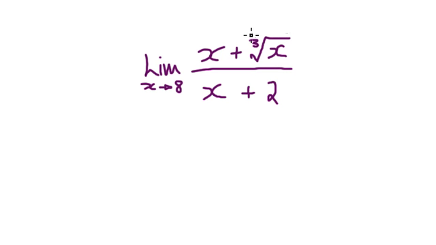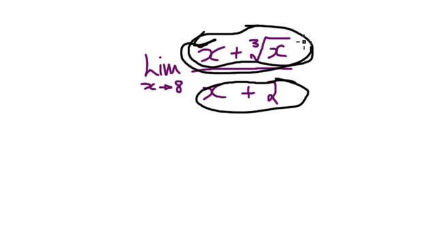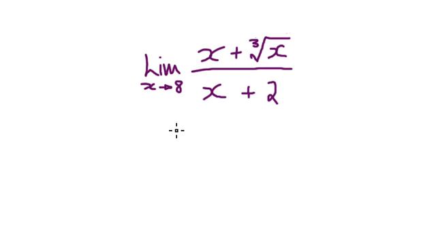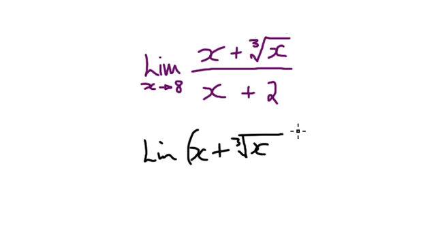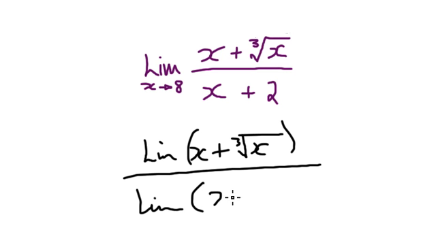To do this, finding out the limit of this whole thing is the same as finding out the limit of this, and then finding out the limit of this, and just getting this divided by this. So this then becomes the limit of x plus the cube root of x, over the limit of x plus 2, where x tends to 8.